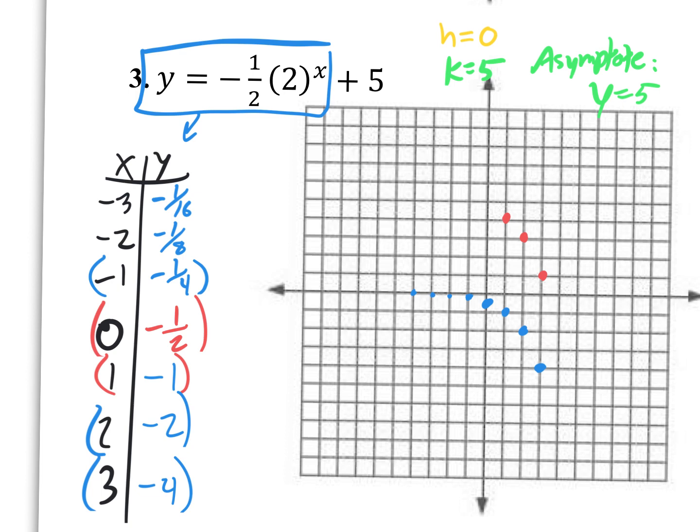And if we think about the original asymptote y equals 0, and now look at this new asymptote y equals 5, you might as well go to 5, 1, 2, 3, 4, 5, and draw your horizontal asymptote right through that y value of 5. So this is the asymptote right here. And as you go from right to left, it gets closer and closer to that asymptote. So there's your final graph right there.